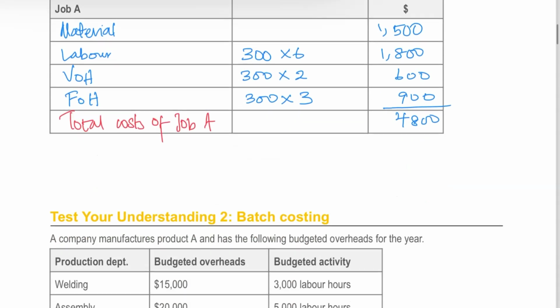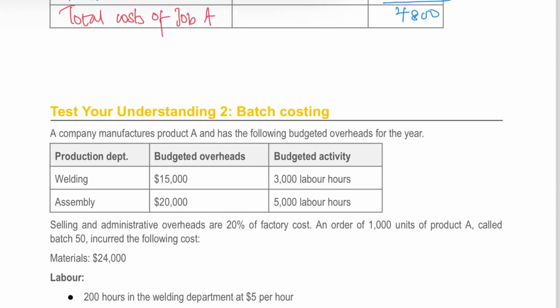Now let's look at an example of batch costing. So how do we conduct batch costing? We have a company that manufactures product A and has the following budgeted overheads for the year. Welding, budgeted overheads are $15,000. Budgeted activity is 3,000 labor hours.